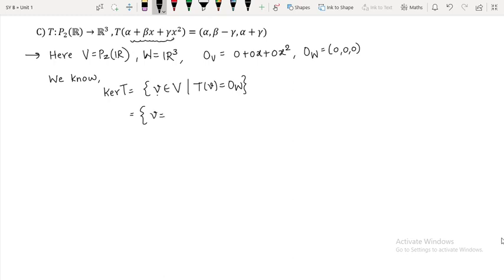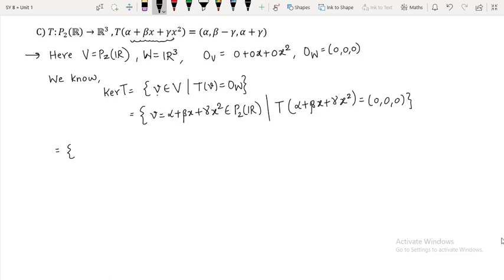So v is equal to alpha plus beta x plus gamma x square belonging to P2 of R such that T of alpha plus beta x plus gamma x square is equal to (0, 0, 0), which is further equal to the set of all alpha plus beta x plus gamma x square belonging to P2 of R such that, now what is T of alpha plus beta x plus gamma x square?